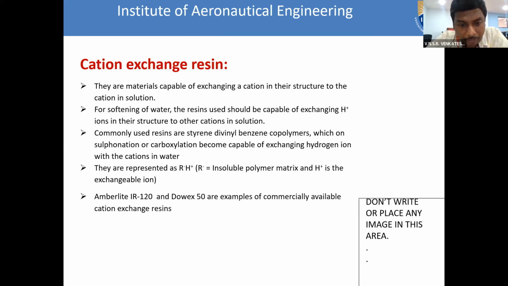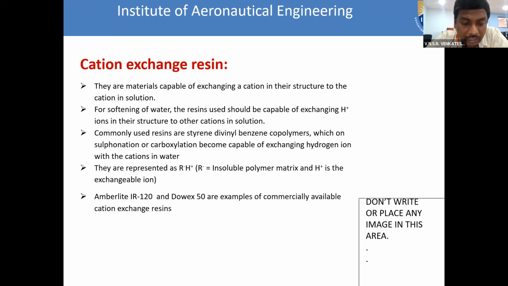Always the cations causing hardness are calcium and magnesium, but the anions depend upon the type of hardness. If it is temporary hardness, bicarbonates, carbonates, hydroxides cause it, whereas chlorides, sulfates, nitrates cause permanent hardness.